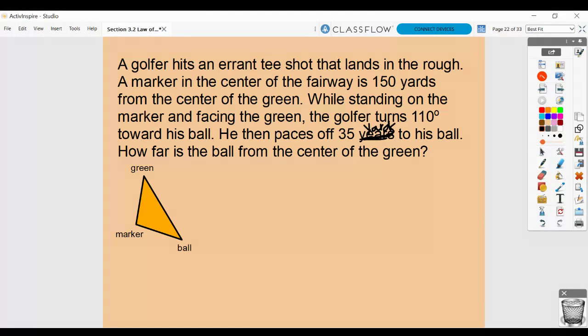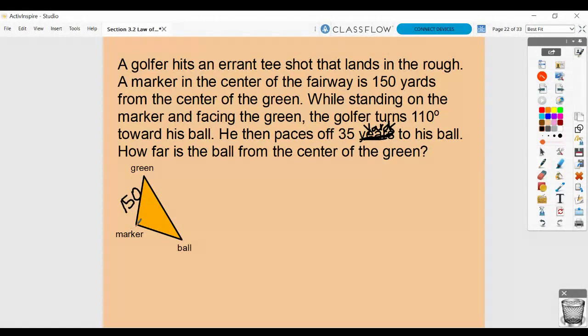Okay, so if we look at the triangle here, we have the green, we have the marker, and we have the ball. So the marker is in the center of the fairway. That is 150 yards from the center of the green. So the 150 would go there. While standing on the marker and facing the green, okay, so think about this. The guy is standing here and he's looking this way.